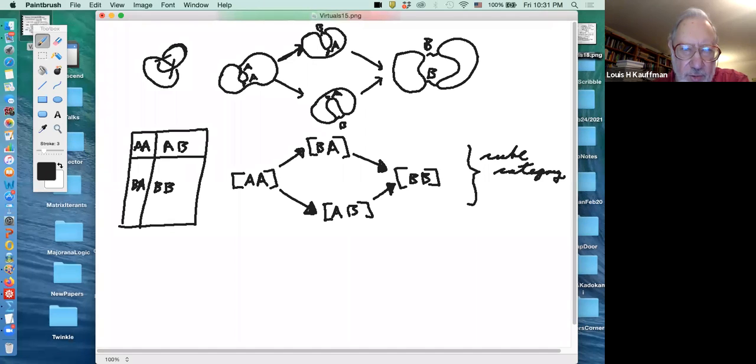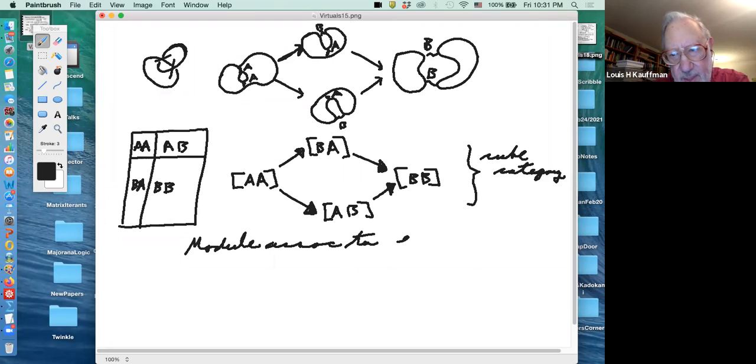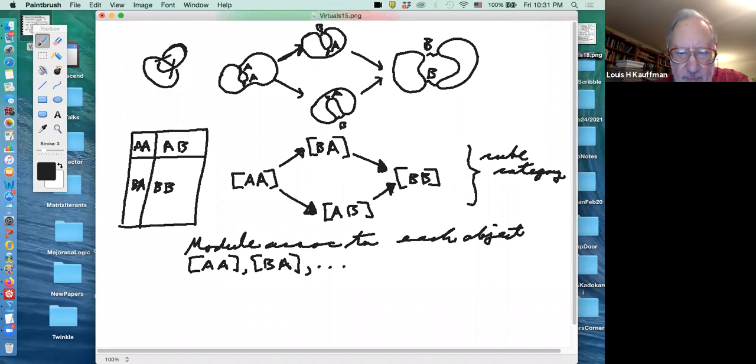What we're going to do is the following. There will be a module associated to each object, in this case AA, BA, etc. And then we'll tell you about the boundary maps.